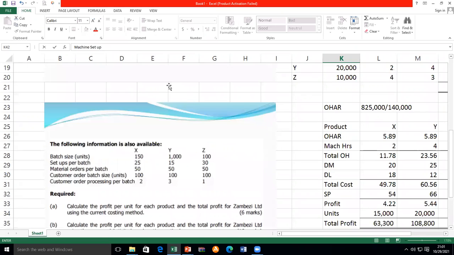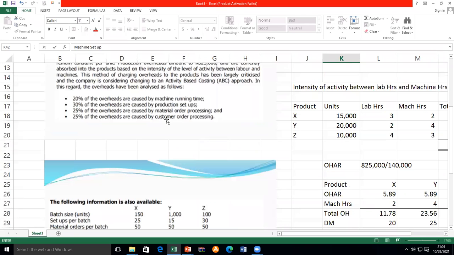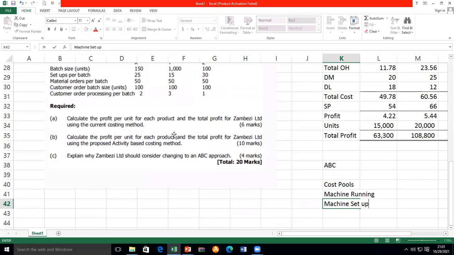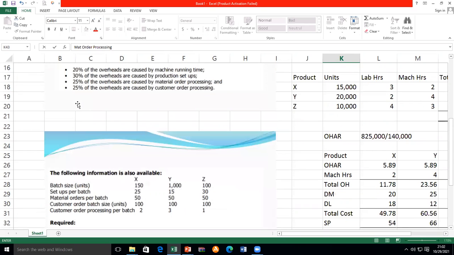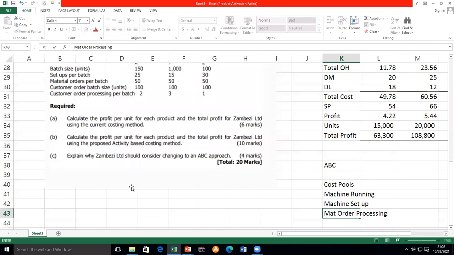Next one, material order processing. And lastly, customer order processing.